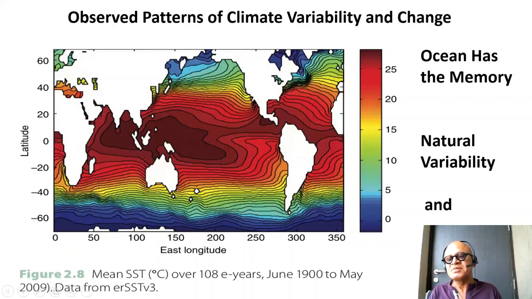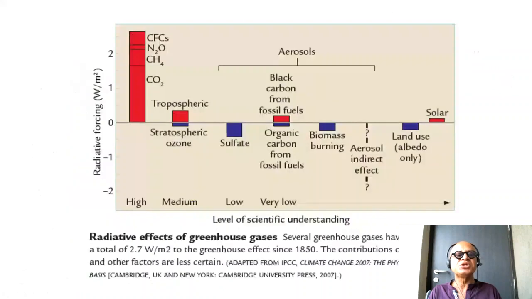So natural variability and forced variability have to be separated. Again, forcing is perturbation to radiation, and radiation is resulting from the greenhouse gases like carbon dioxide, methane, nitrous oxide, and chlorofluorocarbons, which are the prohibited refrigerants, but now HFCs are also contributing a lot.